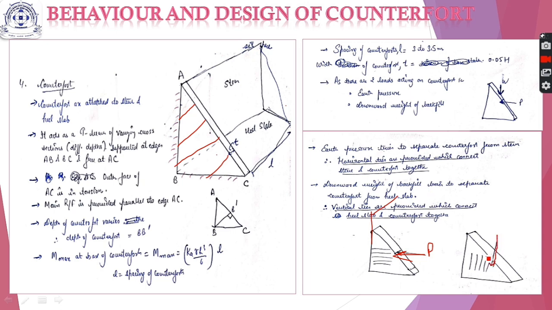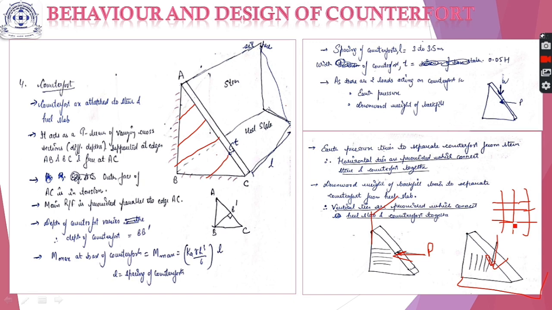Similarly, the downward weight of backfill will try to separate the counterfort from the heel slab. Therefore, we provide vertical ties. So these two reinforcements will be like this. If we provide them together, they will be provided in the form of a mesh.